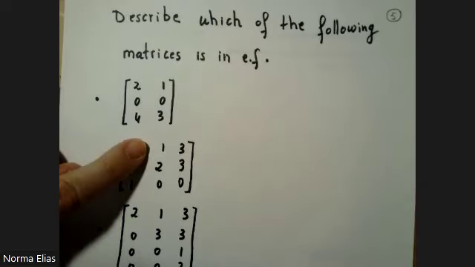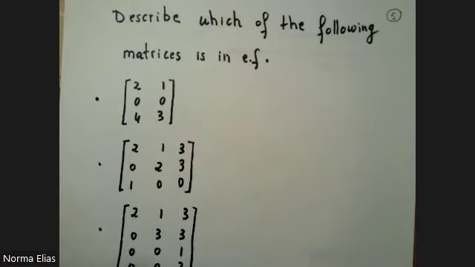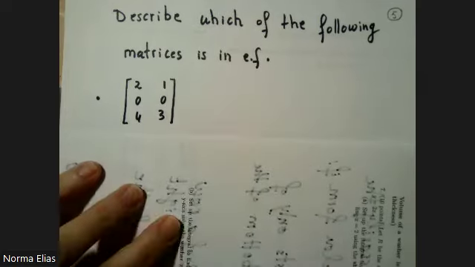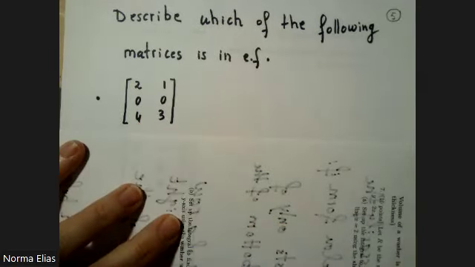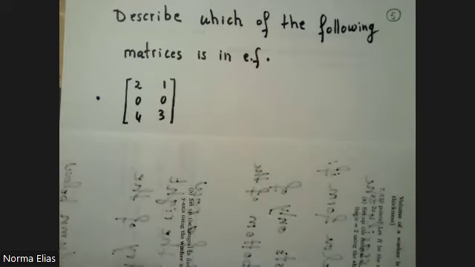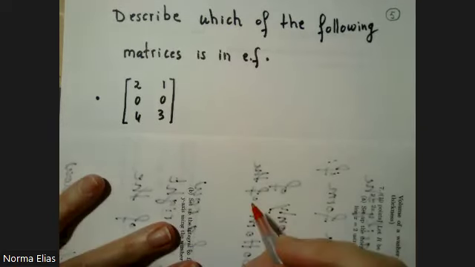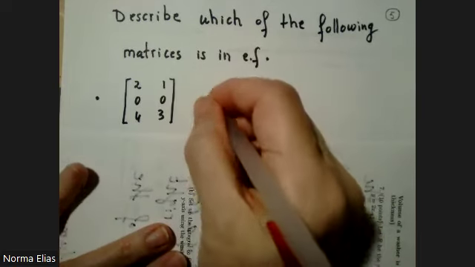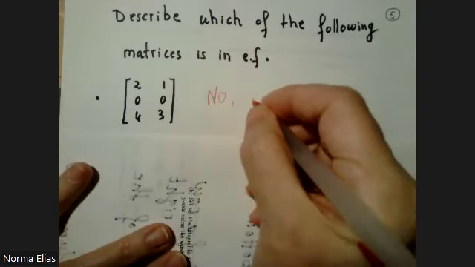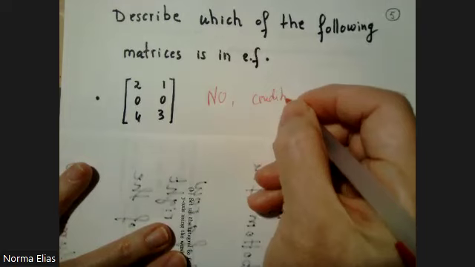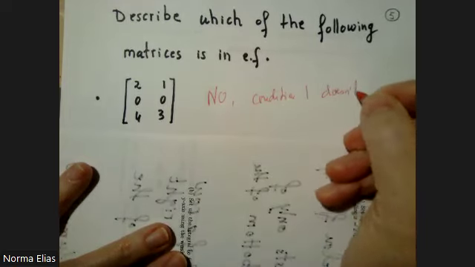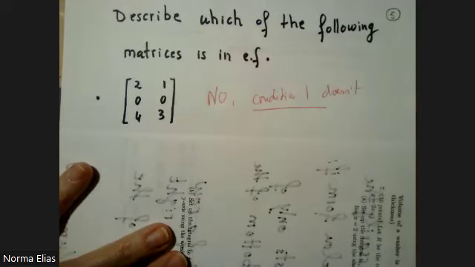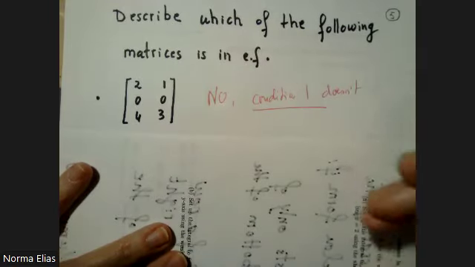So the first matrix: 2, 1, 0, 0, 4, 3. Is this in echelon form? Yes, no? Quickly on chat. And which condition is violated? Absolutely no. Condition 1 doesn't hold. Immediately, I don't have to think, none of them hold, but at least condition 1 immediately doesn't hold.